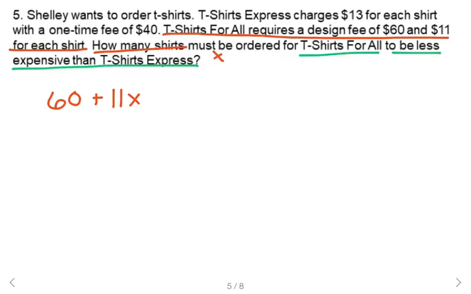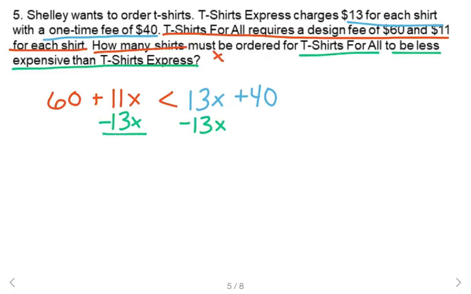All right, so we're trying to figure out when that is less expensive than the other company's cost. So the other company charges $13 for each t-shirt. So if x is the number of t-shirts, 13 times x, plus a one-time fee of $40. So we're going to solve this for x. We want to get the variable terms together on one side. We can subtract 13x from each side.